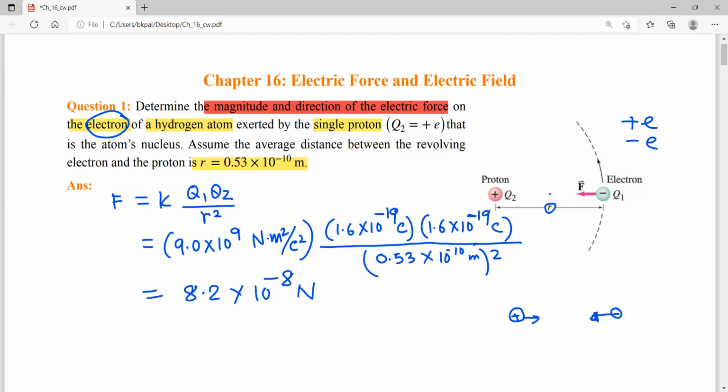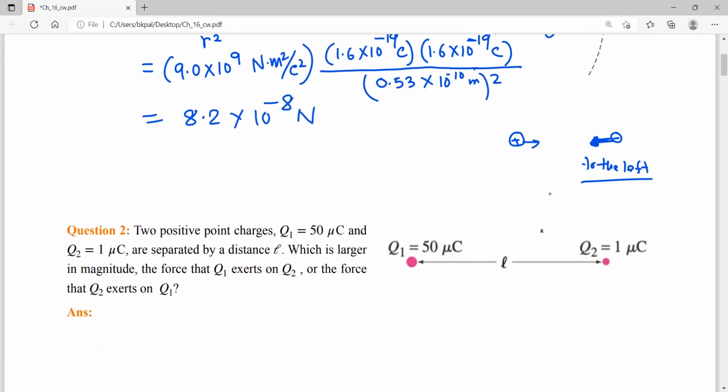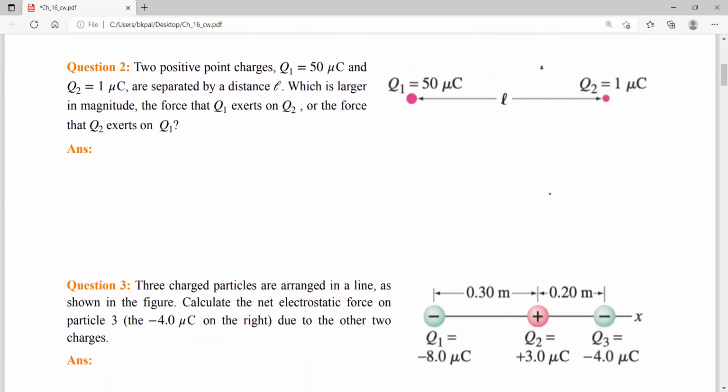Because we are asked to determine the direction of the force on the electron, our direction will be this one, to the left. So this is our answer. All right, the next one.